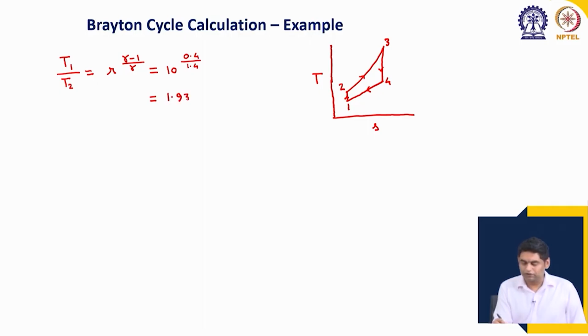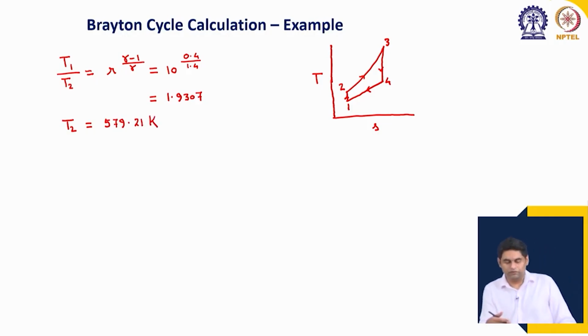You can pause and do the calculation and find the value of T2. With this value of r, the value of T2 comes out to be equal to 579.21 Kelvin. Again, I encourage you to pause and parallelly do the problem, and then try to verify the result.